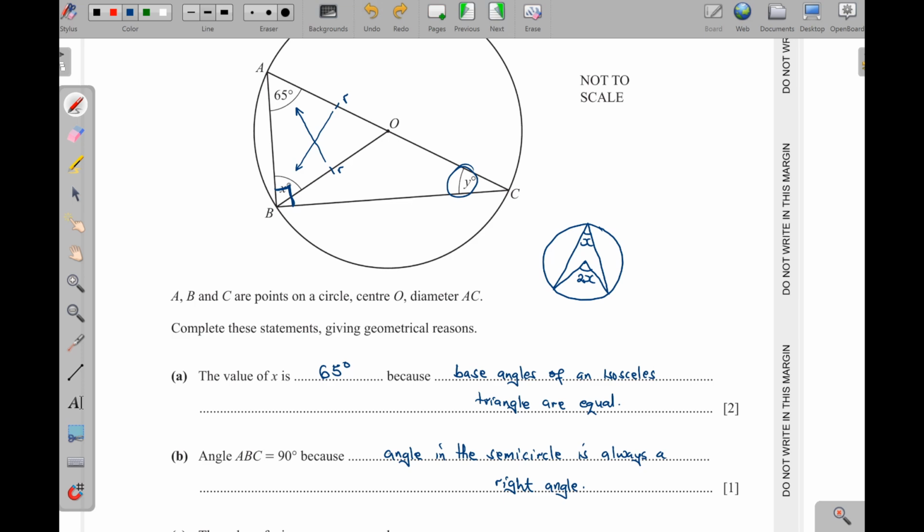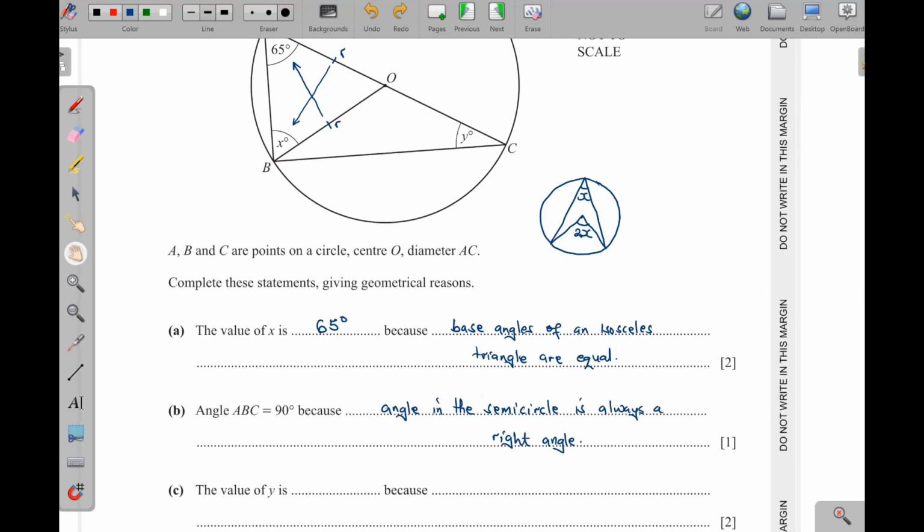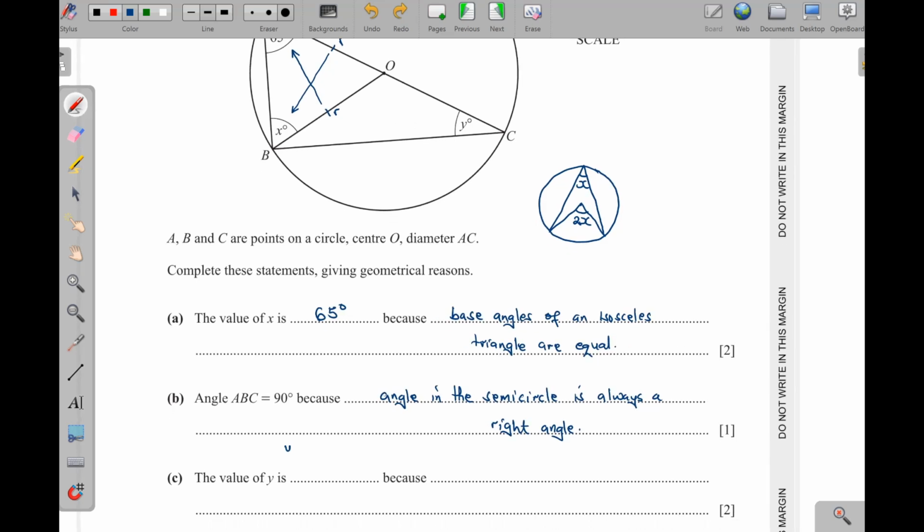Are we there? All right, so that means y is equal to 90 minus 65, or maybe we can say 180 minus 90 plus the 65. And this one will give us 25. 25 is the one you add onto the 65 to get a 90, right?